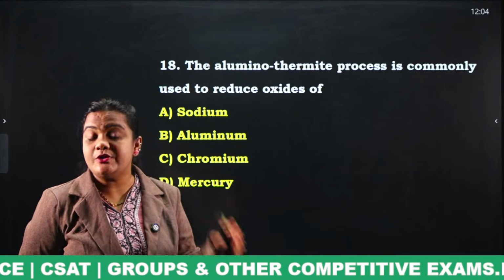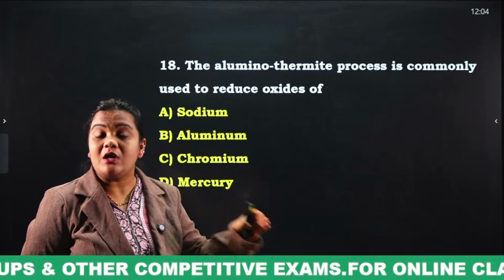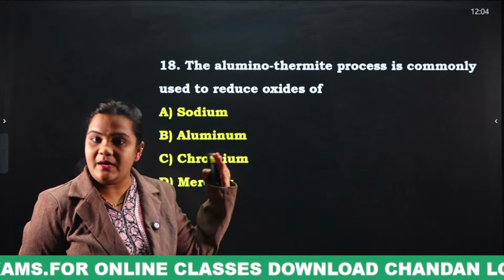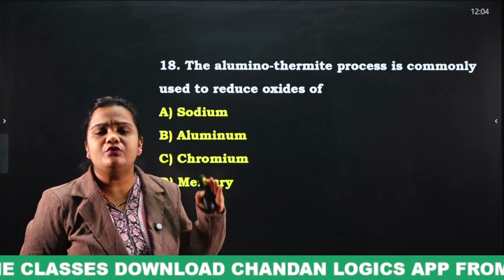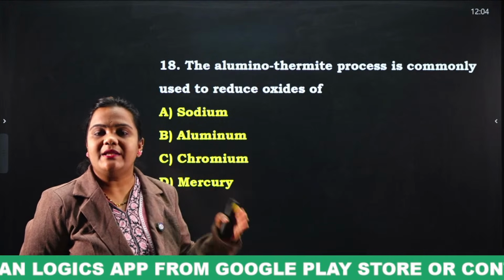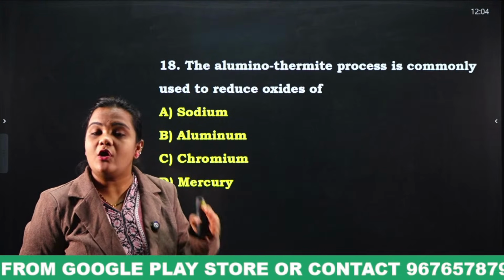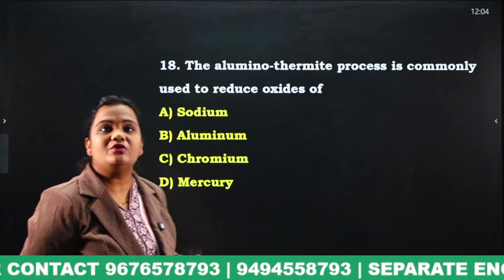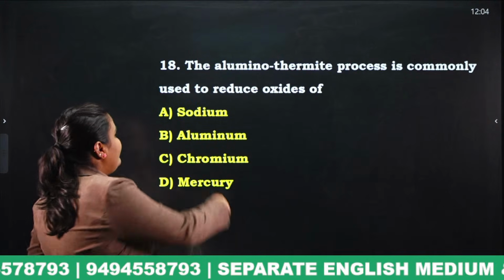So listen students, if you read the concepts in depth only, you will be able to reach your target. If you read the concepts superficially, that is not okay. You have to read the concept in depth, and this is the example for the depth concept. And what is the answer for this question? Very good.